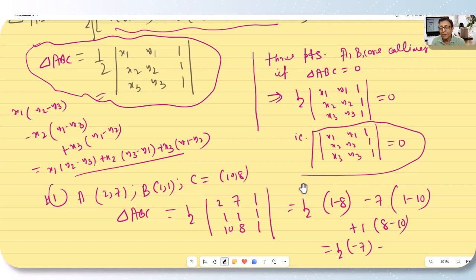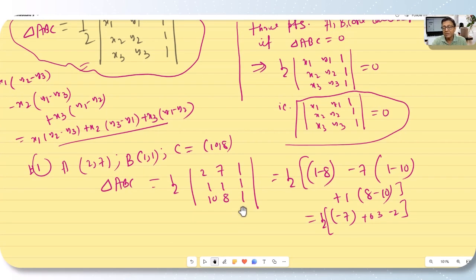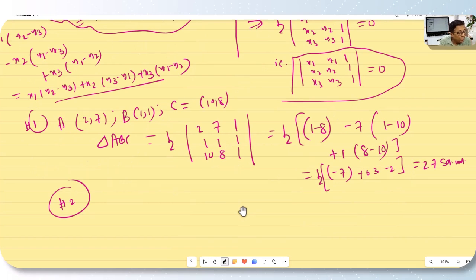Half will be multiplied to all the terms. So half into minus 7, minus 9 and minus 2. So 63 minus 9, 27 square unit.